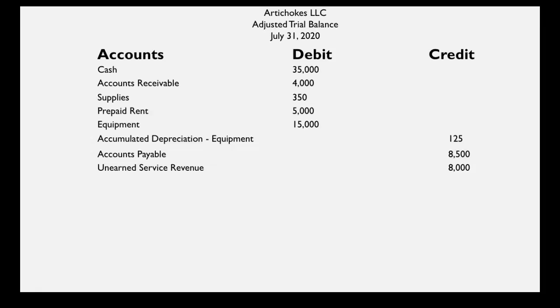We decreased it by $2,000. So now it only has $8,000 left in that account. After unearned service revenue, we had another liability show up in our adjusting entries. We saw salaries payable. So we credit salaries payable for $1,800.